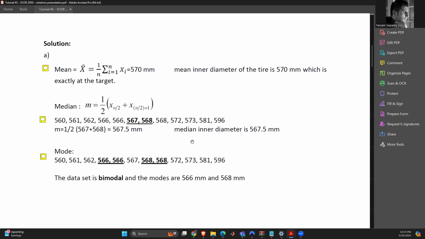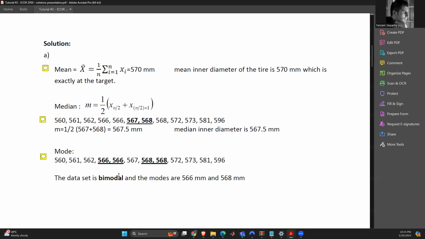For the mode, again for ease of coming up with the right solution, you put them in ascending or descending order. Once you do that, you can have a clear view of what your data looks like.